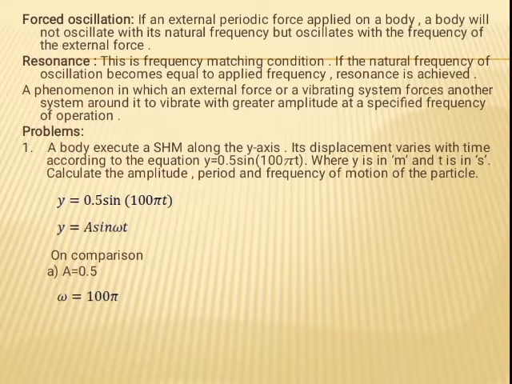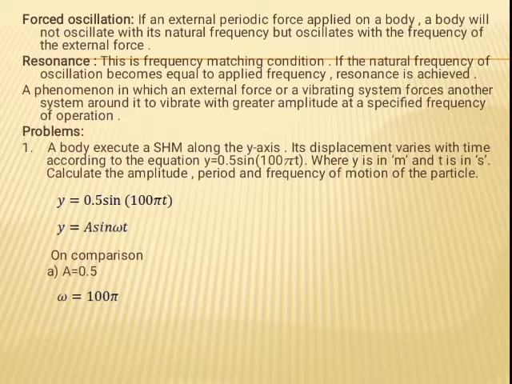Now, if I consider forced oscillation, you can see the definition here. If an external periodic force is applied, a body will not oscillate with its natural frequency but oscillates with the frequency of the external force. It is very simple if you understand the exact meaning of the definition.